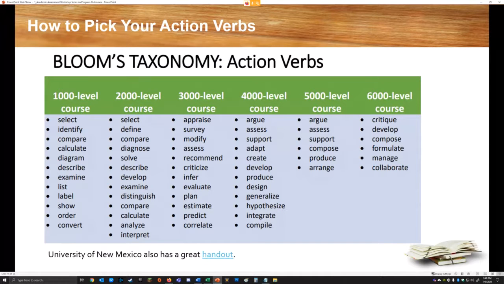What do you want your students to know? If it's a graduate level course, they might be learning new information. They may not have the knowledge already because you're still building upon what they developed in undergrad. So using a lower level action verb may be applicable. It just depends on what you're trying to have the students be able to demonstrate through their learning.